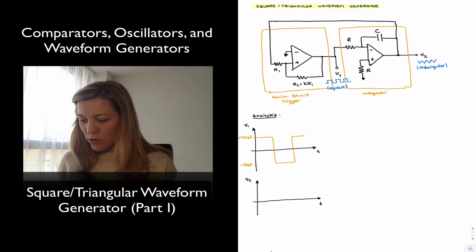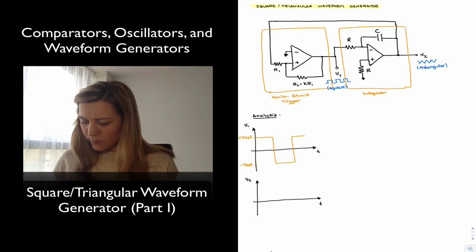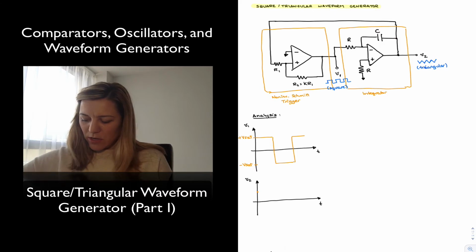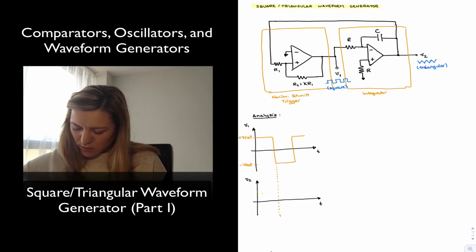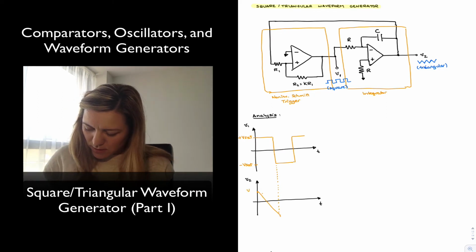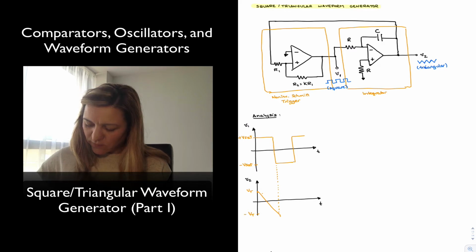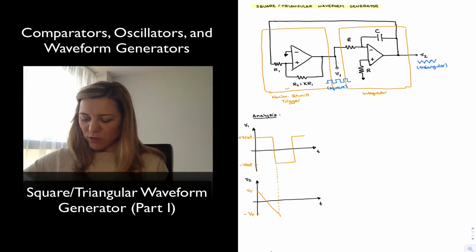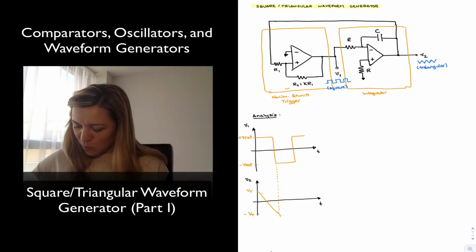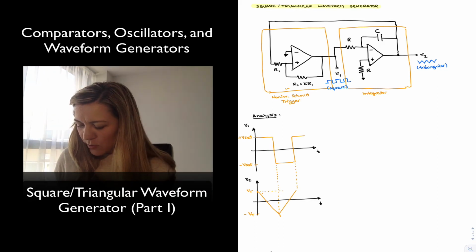And the idea is that it's going to start at a certain value, that transition value, and then it's going to start decreasing again with a negative slope until it reaches that negative transition point, negative Vt, at which point it's going to cause the output of the Schmitt trigger to switch states, and so the Schmitt trigger will go low, and the output of the integrator is going to start increasing with a positive slope until it reaches that trip point again, that Vt point.